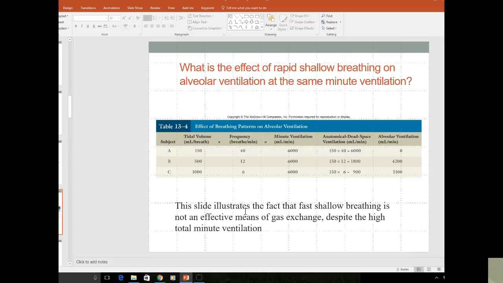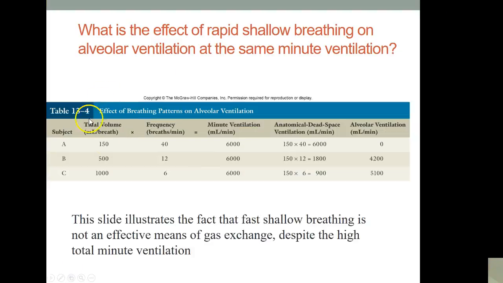Let's look at how the rate and depth of breathing affects that. Okay, so subject A here is breathing very shallowly. So the tidal volume is only 150 milliliters. Remember, normal was 500. They're breathing rapidly, though.